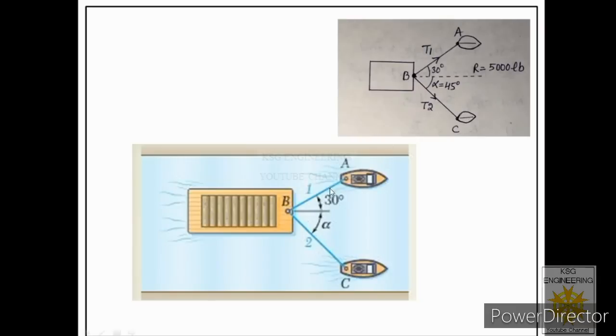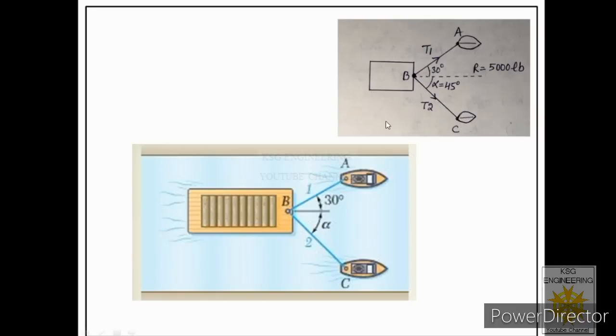Then in these two ropes, I have shown the tensions. Over here it is written rope 1, so we have labeled tension T1. Over here it is mentioned rope 2, so we have labeled tension T2. And we have labeled the other angle also, which is given as 30 degrees in this diagram.